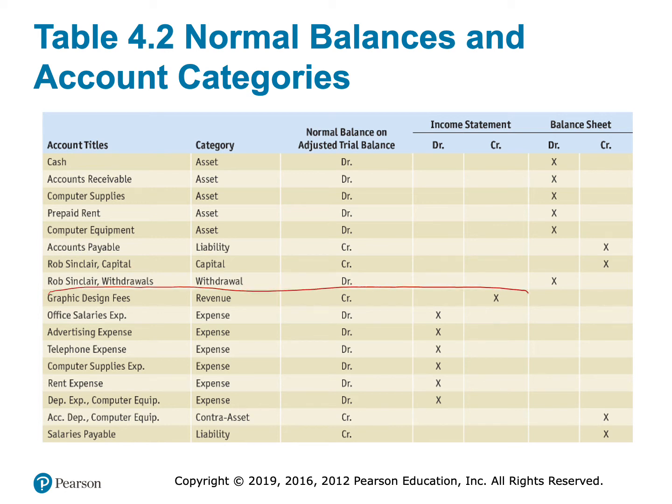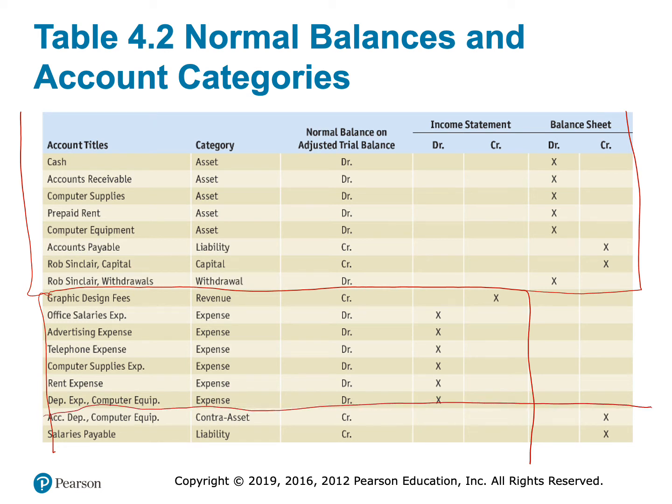And then assets, liabilities, and our equity accounts, capital, withdrawals, those things, those are going to show up there on that balance sheet side. As well as, don't forget our new accounts down here. We added our contra asset, which is on the balance sheet, and then our liabilities. Remember, contra assets have an opposite balance, so they have a normal credit balance here.